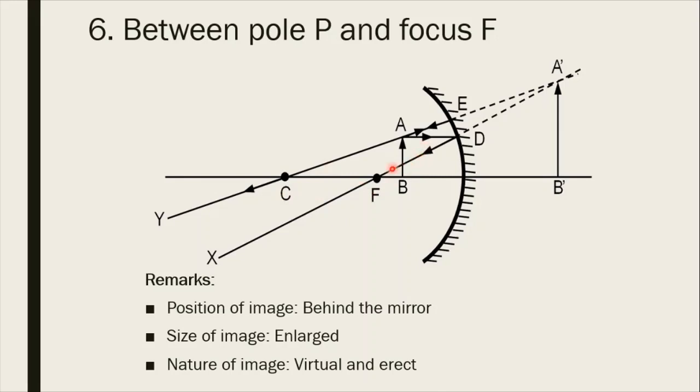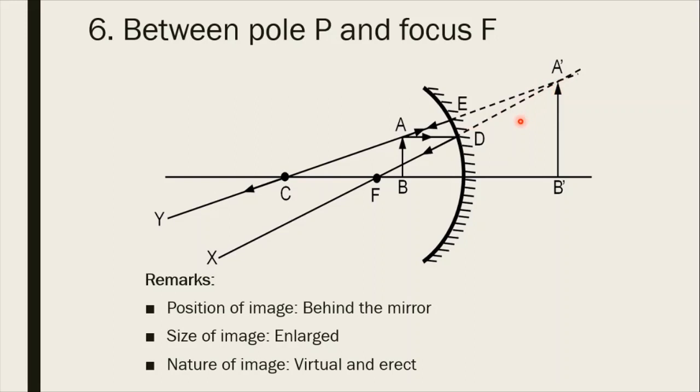After reflection passes through the focus again. We clearly see that these two reflected rays do not meet. But what if we extend the reflected rays behind the mirror? Oh yes, we see that after extending these rays behind the mirror, the rays certainly meet at a point.